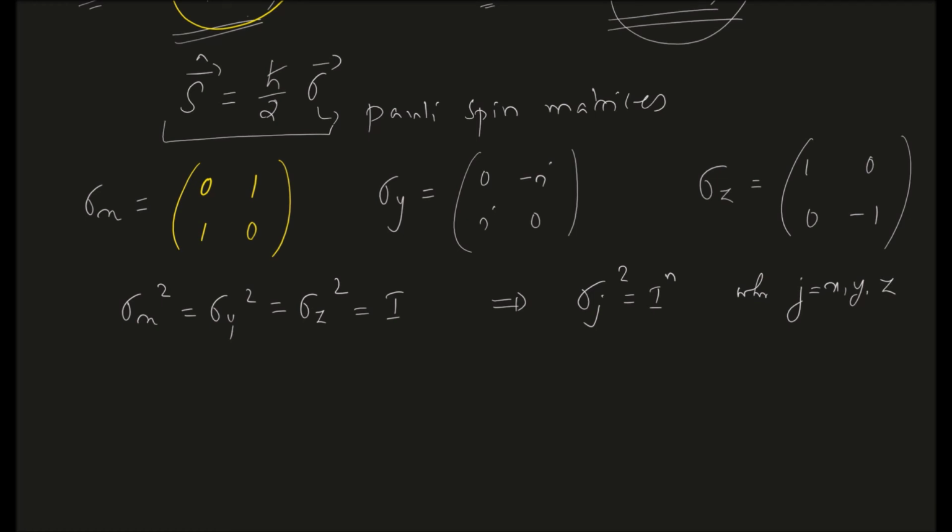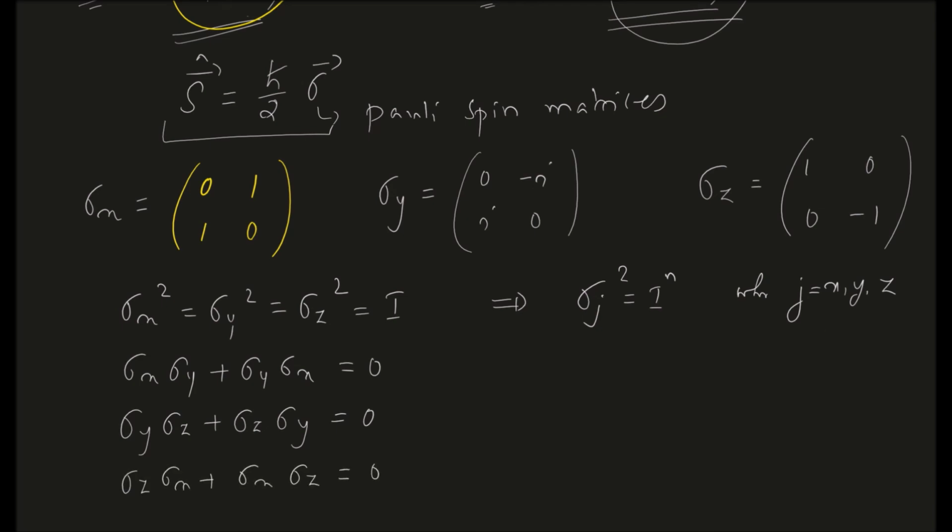Another property is that they are anti-commuting. That means if you take the product sigma x sigma y plus sigma y sigma x, this will be 0. Similarly, sigma y sigma z plus sigma z sigma y is equal to 0, or sigma z sigma x plus sigma x sigma z is equal to 0.